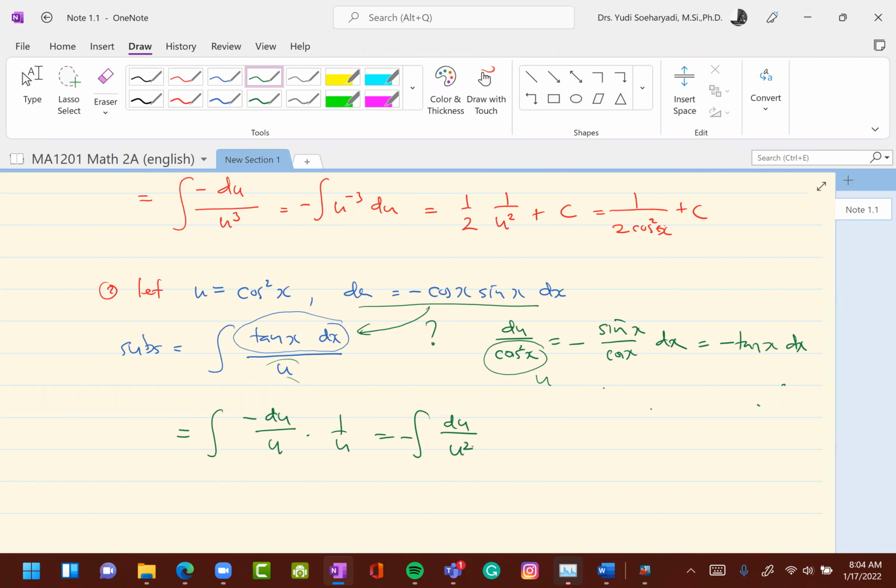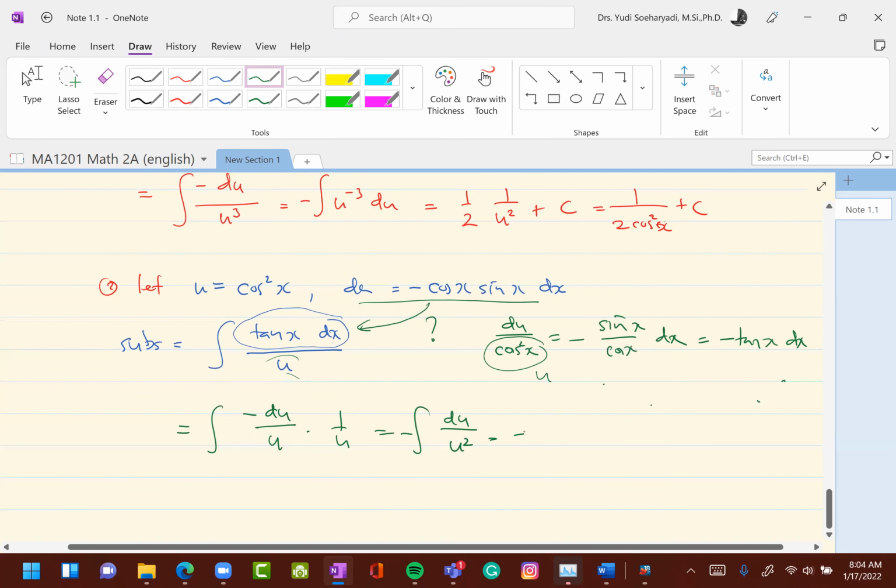But in the previous one, we have 1 over u cubed, and here we have 1 over u squared. Why is it so different? Let's do integration first.